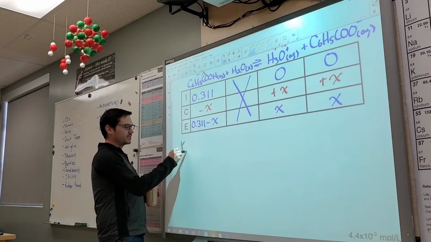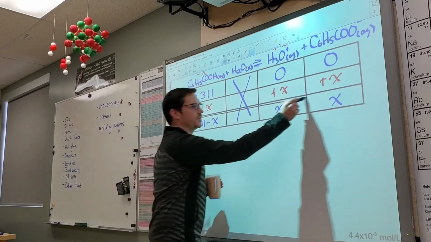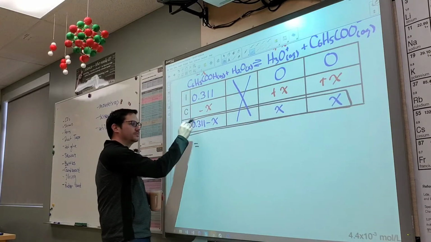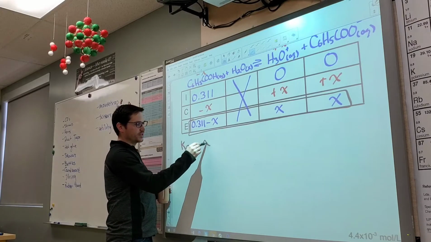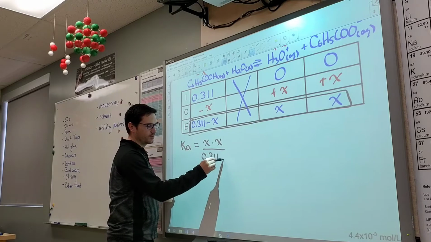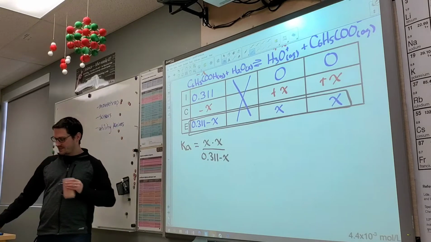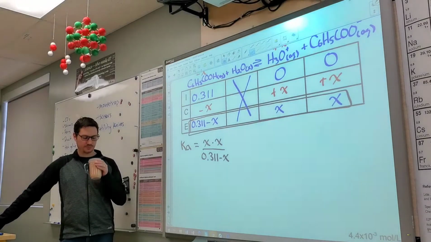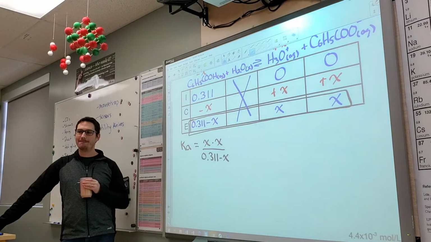So let's do this. The Ka is equal to all of this junk, right? So in this version, it's x times x divided by 0.311 minus x. What if I keep the x and I didn't write x squared?